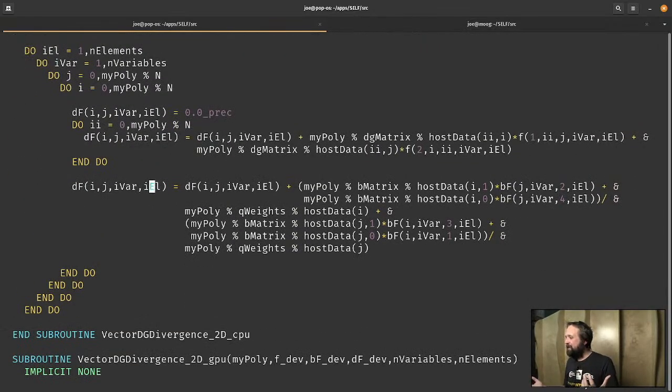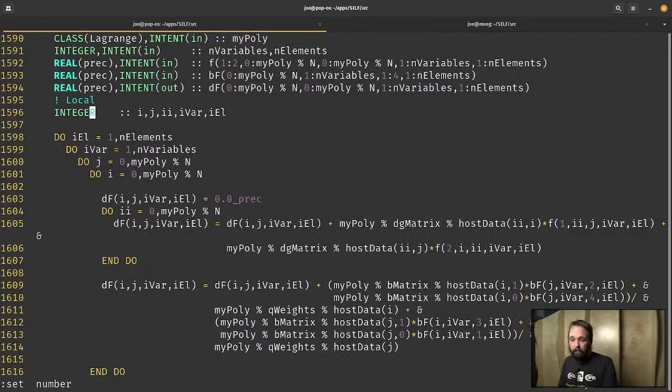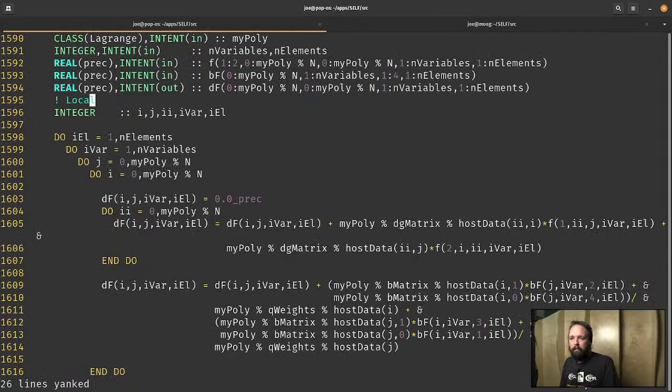Remember before with the DG term we do weak form, so it should have some boundary terms in there, which is what this is here, and then inside here is the loop over the quadrature points to do the volume term. Okay, so this actually is what we want. 1595 down to, let's say, 1620, so that's 25 lines.